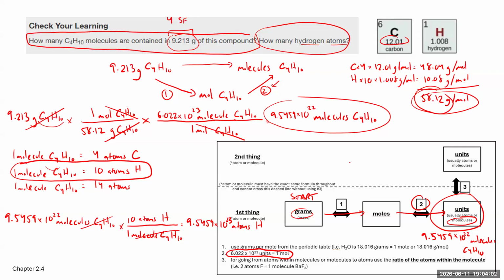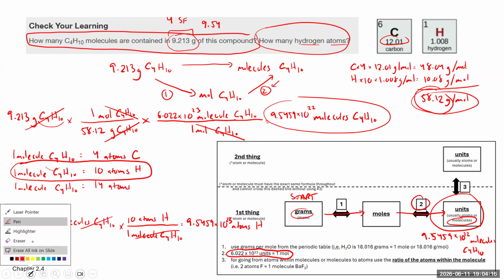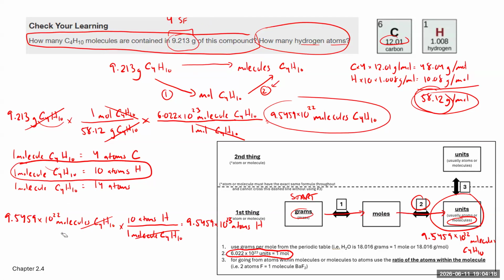All right, so then we have 4 sig figs. So here we have to report this as 4 sig figs. Let me rewrite some of this here. I'll do it in blue to make it a little clearer, but this is going to be 9.546 times 10 to the 22nd molecules C4H10, right?